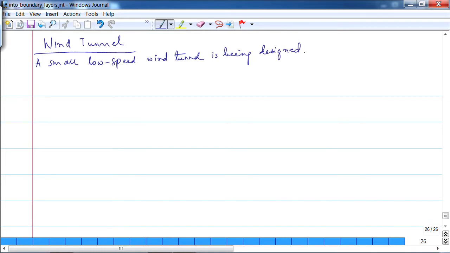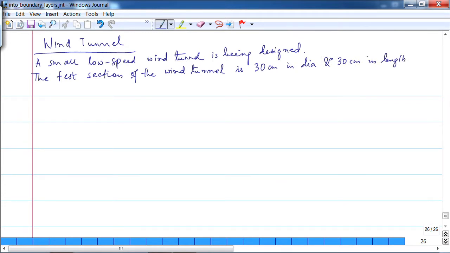The test section of the wind tunnel is 30 centimeters in diameter and 30 centimeters in length. The flow through the test section should be as uniform as possible.